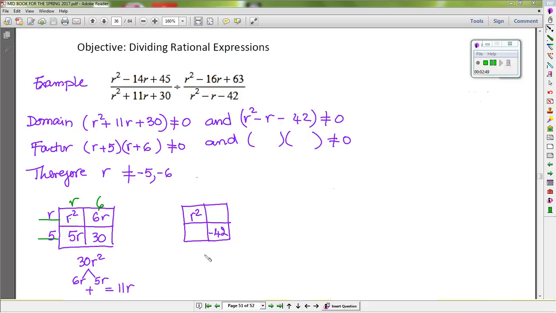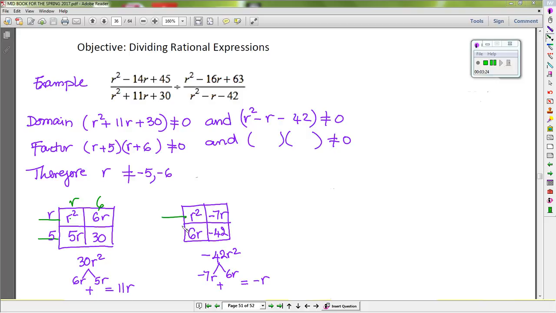We multiply, so this will give us negative 42r squared, and when you find the factors, make sure that the sum of the factors is equal to negative r. Negative 7r times 6r will be negative 42r squared, and the sum gives us negative 1r. So put here negative 7r, and this is 6r.